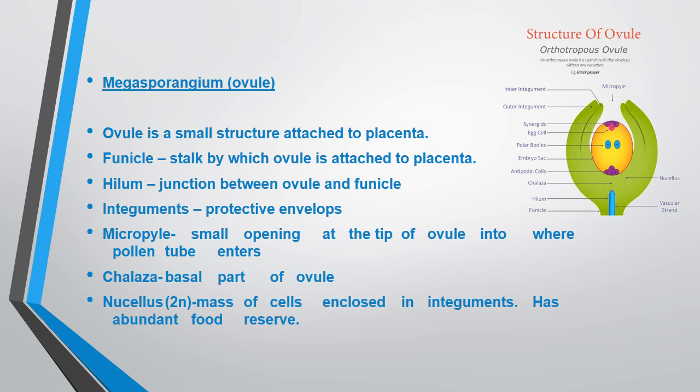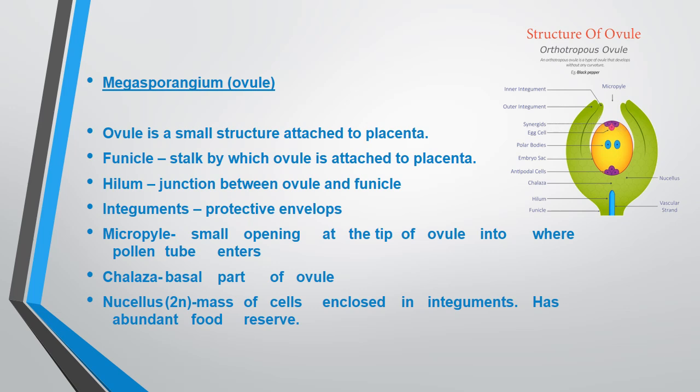Let us discuss the structure of the ovule. The ovule is a small structure which is attached to the placenta. It has many parts. The first part is called the funicle. The funicle is a stalk-like structure by which the ovule is attached to the placenta.